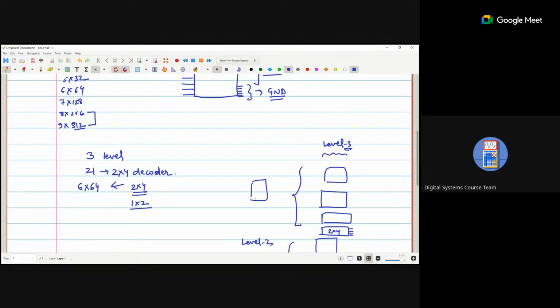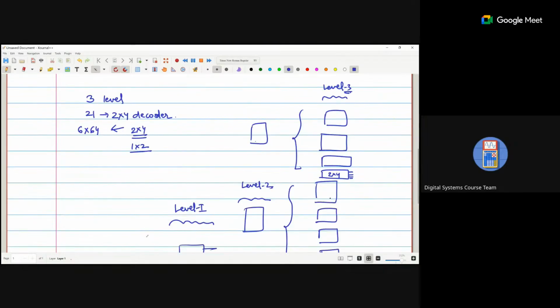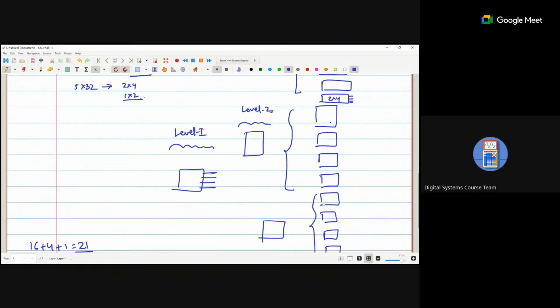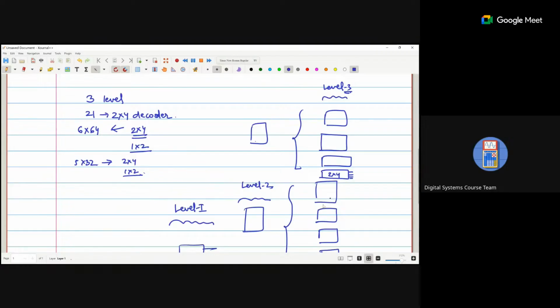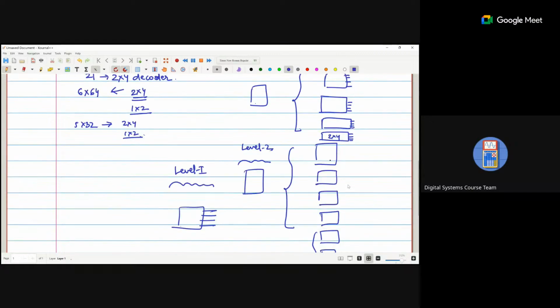For example, if I am going to implement a 5 cross 32 decoder, the available ones are 2 cross 4 and 1 cross 2. For the 32 outputs, we require 8 decoders in the output stage, because every decoder will have 4 output lines.